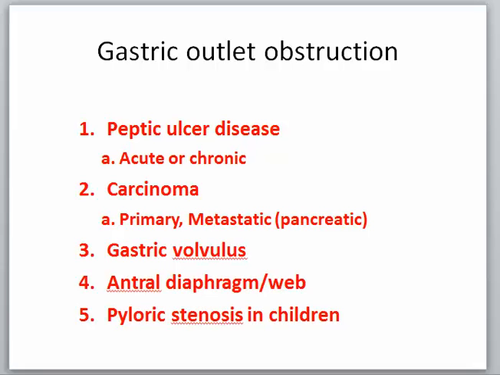If we have obstruction at the gastric outlet, we have some reasons. The two most common reasons are ulcer and non-ulcer. Ulcer may be acute or chronic, causing spasm, and finally stenosis or obstruction.